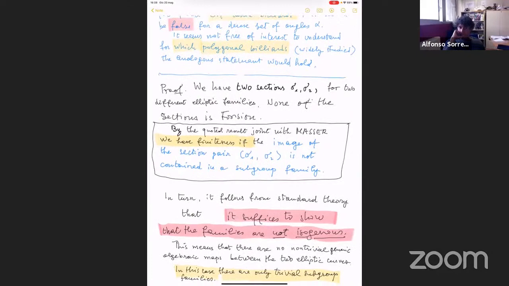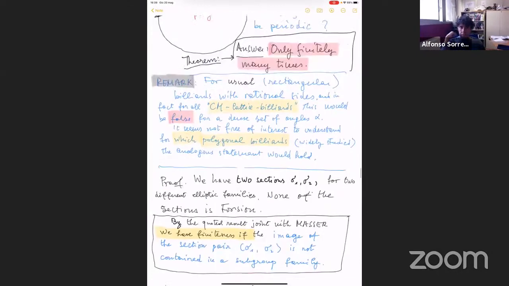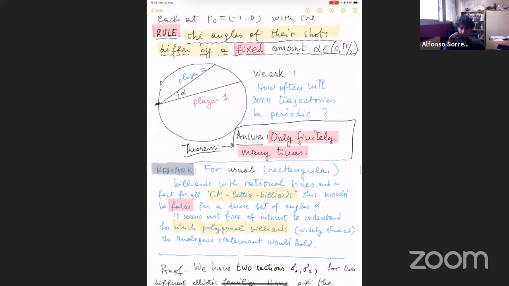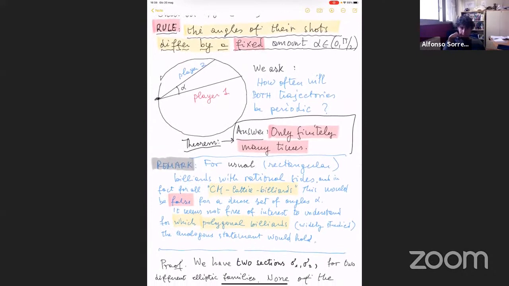We have 2 sections. Now, what do these sections do? We view the elliptic family as depending on the slope. So the slope is our parameter. And associated to a slope, we have the translation predicted by the theorem of Poncelet-Jacobi.